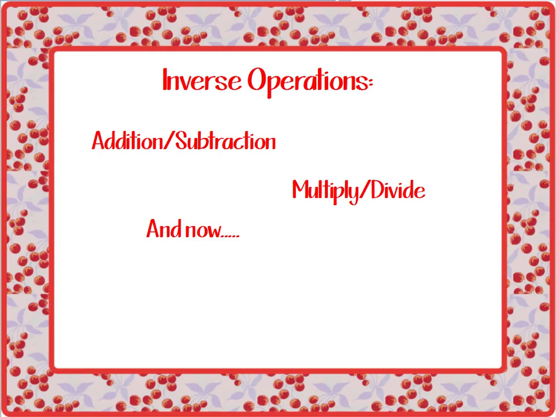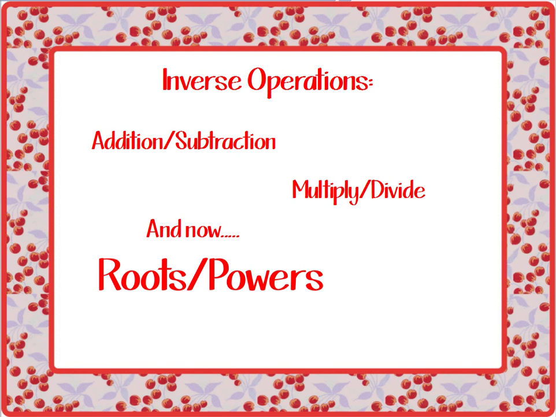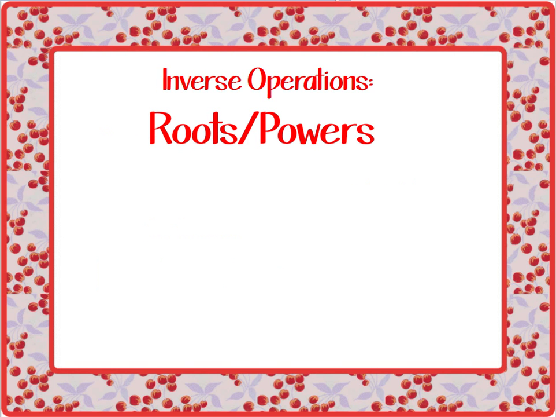Now we're going to add to that list a new pair of inverse operations, and that would be roots and powers. With roots and powers, I'm going to show you how roots and powers undo each other just like addition and subtraction work.